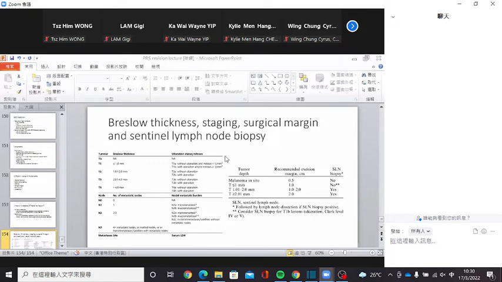Can everyone appreciate this part? It's already written there. So why could the depth of the tumor only be obtained accurately from an excisional biopsy, but not an incisional biopsy? From the incisional biopsy, if you ask the pathologist, they could still give you the depth of the tumor, how thick it is.